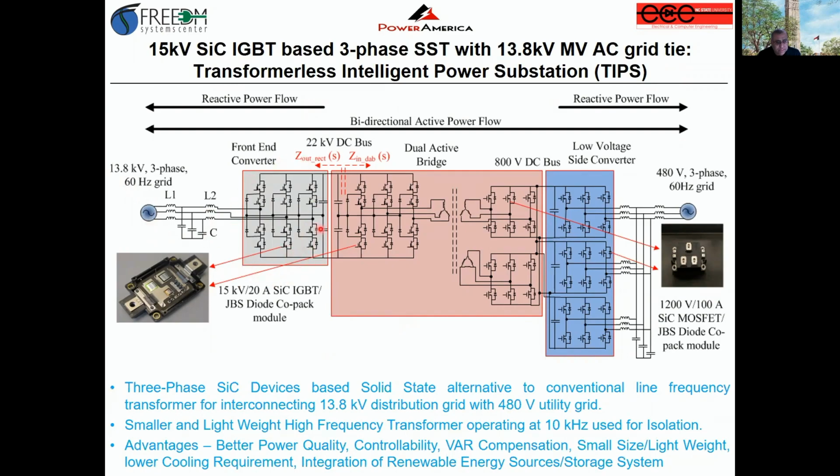Again, the topology is similar, where we have an AFEC, which is now switching at 5 kilohertz for the IGBTs, and a dual active bridge with a 10 kilohertz switching frequency and a three-level pole on the medium voltage side, and two converters with two levels with 1200 volt MOSFETs on the low voltage side. And again, the inverter is 1200 volt MOSFET based.